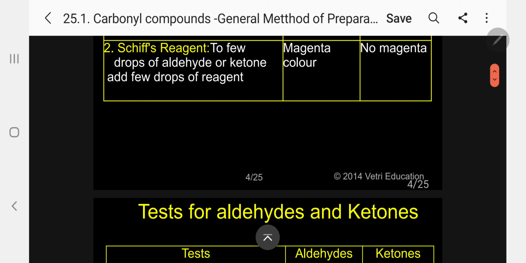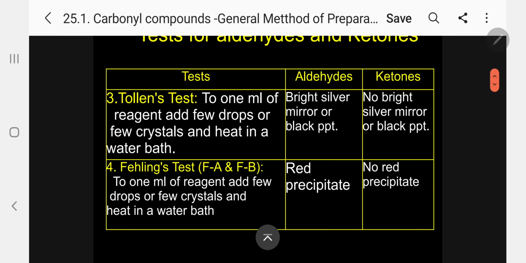Kindly follow. The third test, Tollens' test, is nothing but ammoniacal silver nitrate. Please remember ammoniacal silver nitrate. To 1 ml of ammoniacal silver nitrate reagent, add a few drops or crystals and heat in a water bath.